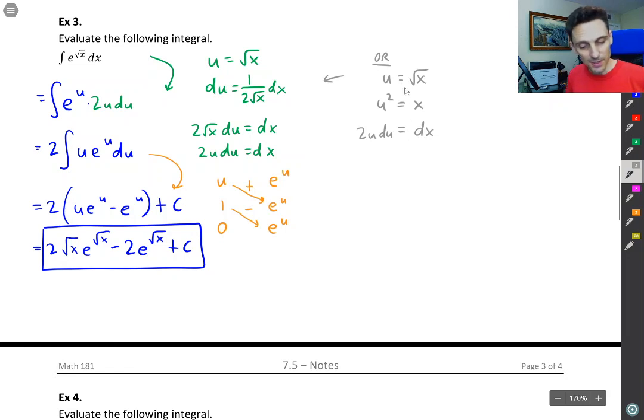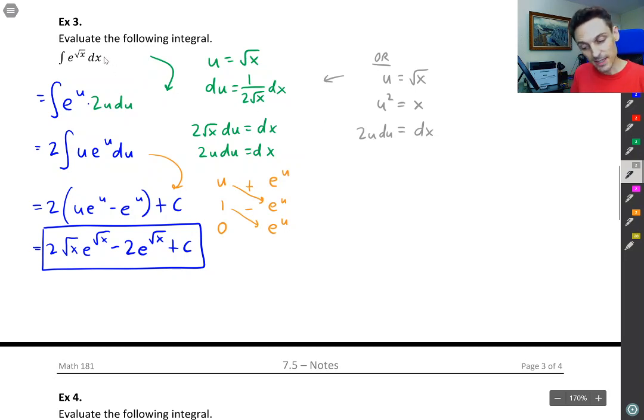The nice thing about this way of doing it is that we avoid the derivatives of the square root functions, which can sometimes be a little bit of a headache. So if you immediately solve for x, that gets rid of the square root. And then when you take the derivatives on both sides, you end up with dx solved for in terms of u and du.